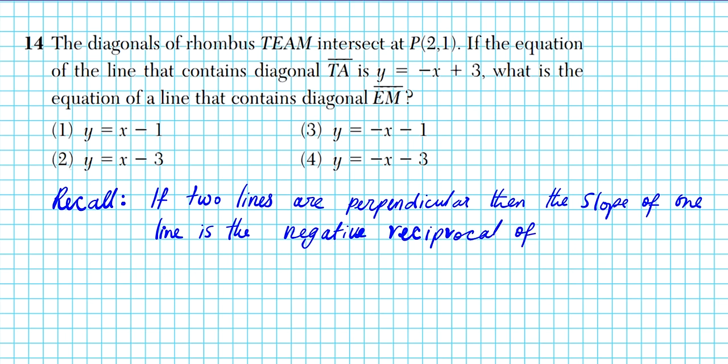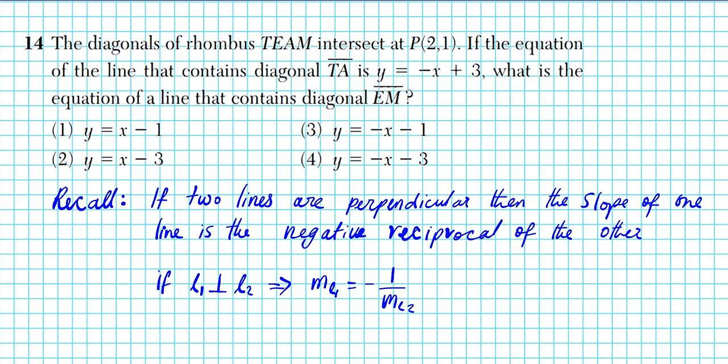So you don't just negate or reciprocate, you do both. It's a negative reciprocal of the other. Let me show you what I'm saying in symbolic form. Let's say you have two lines L1 and L2. If L1 is perpendicular to L2, then that implies that the slope of L1 is going to be the negative reciprocal of the slope of L2.